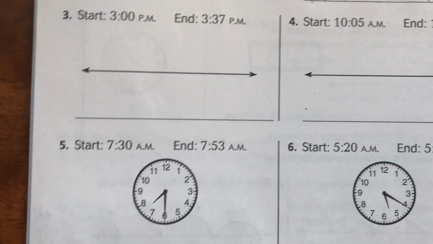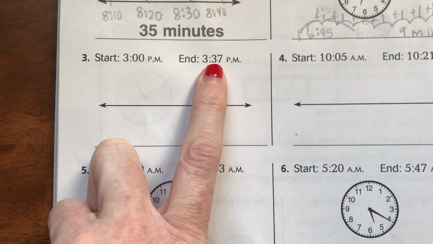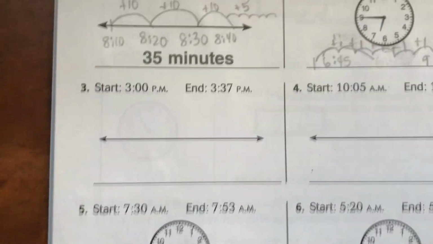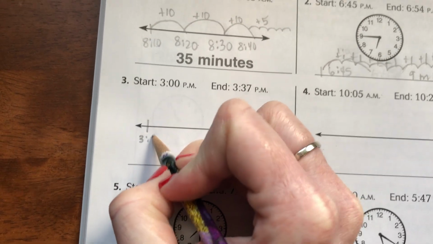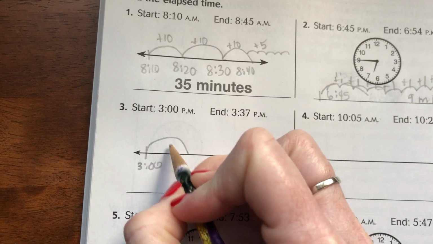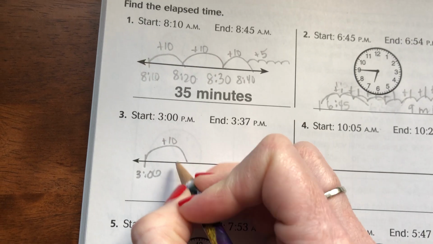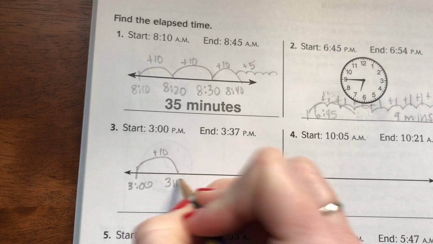Let's try number 3. 3 o'clock to 3:37. Starting here at 3 o'clock. Jump up 10. That gives me 3:10.